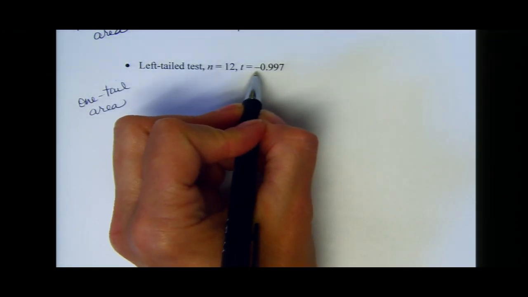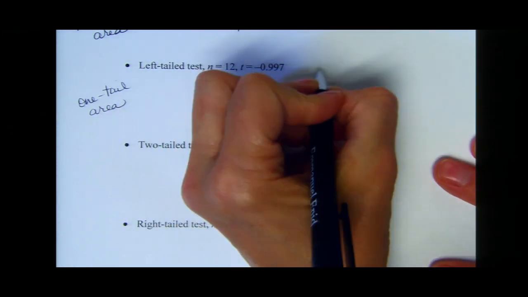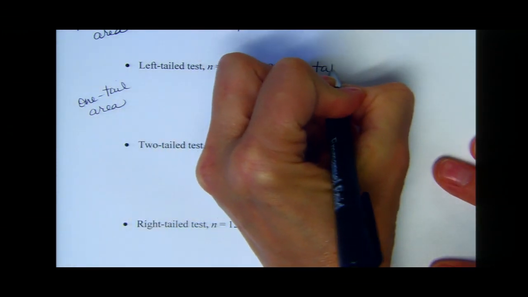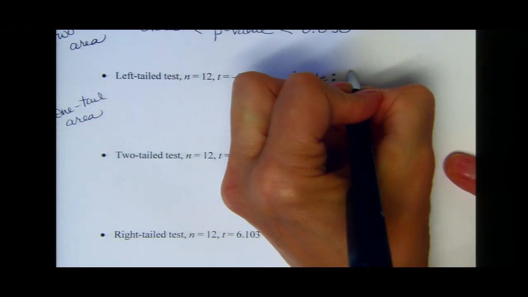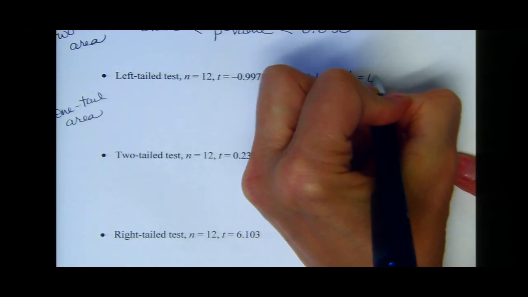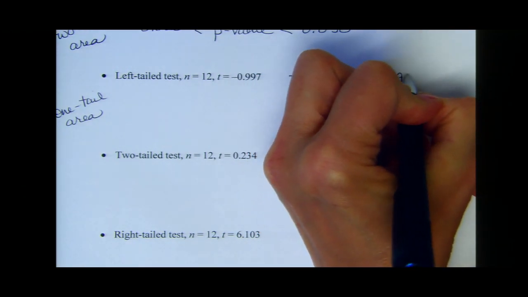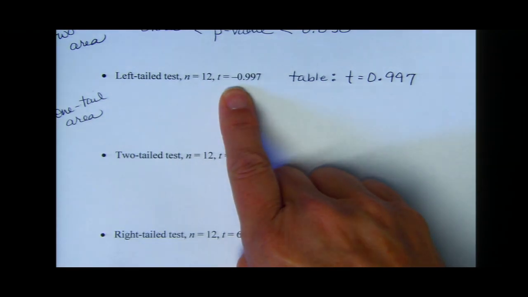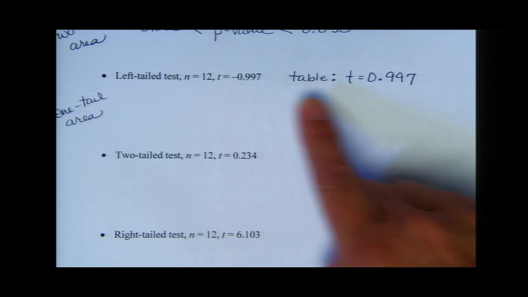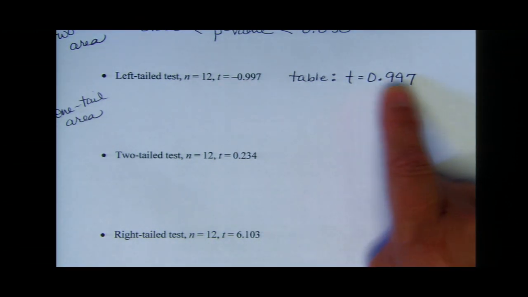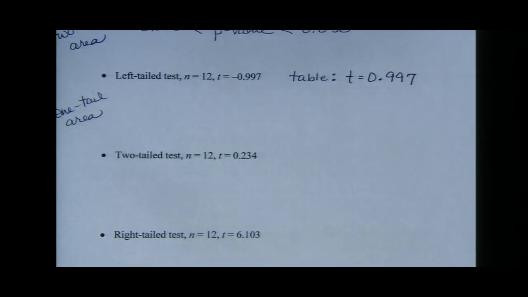If your test statistic is a negative value, for purposes of the table, since we have a symmetrical distribution, I know it gives me the same area as if the t was a positive number. Now, if you were entering the test statistic on WebAssign, you would put in negative 0.997. But for purposes of the table, you're going to look for its opposite, or positive 0.997.